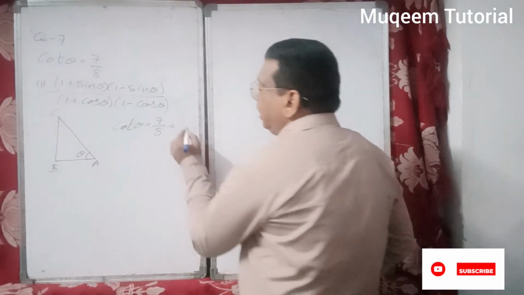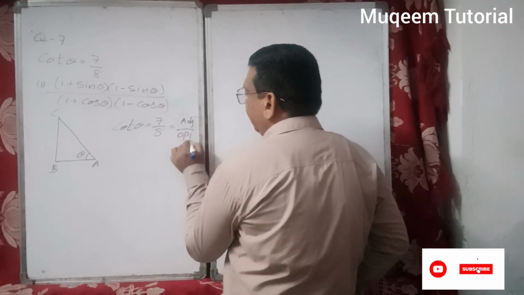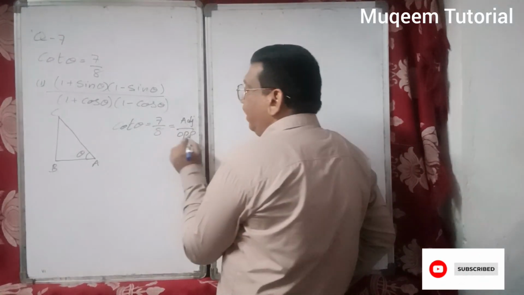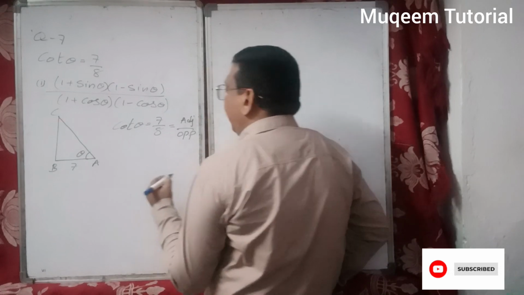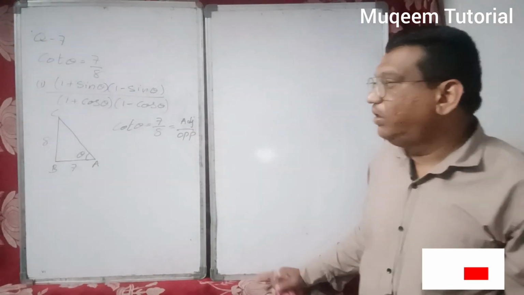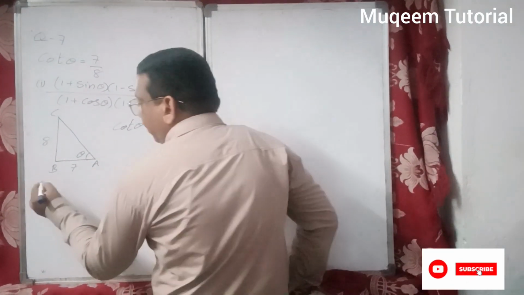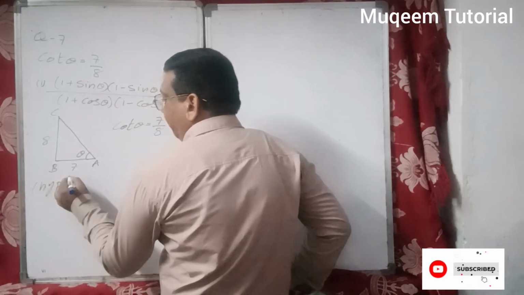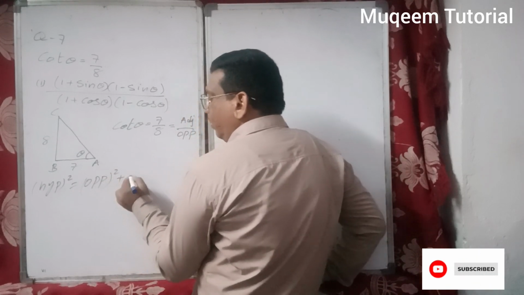So cot theta is equal to adjacent by opposite. Here adjacent is 7 and opposite is 8. Now we have to find the hypotenuse, for which we go with the same Pythagoras formula: hypotenuse square is equal to opposite square plus adjacent square.